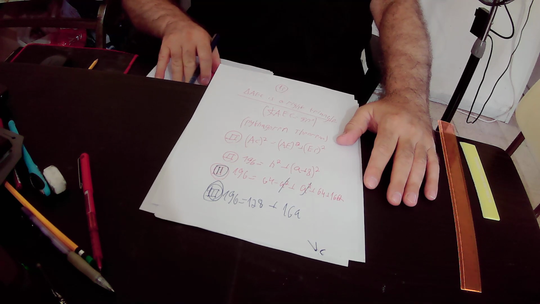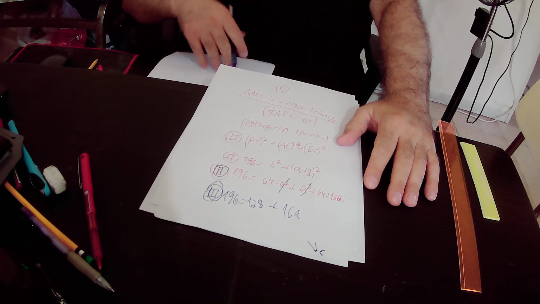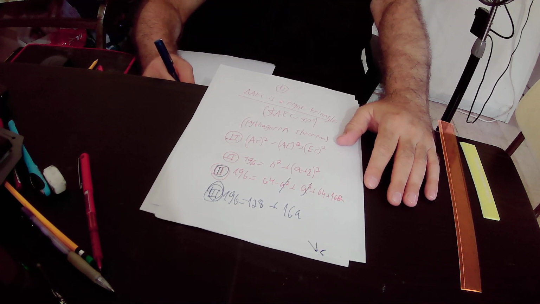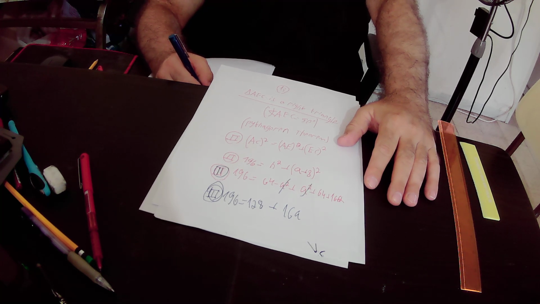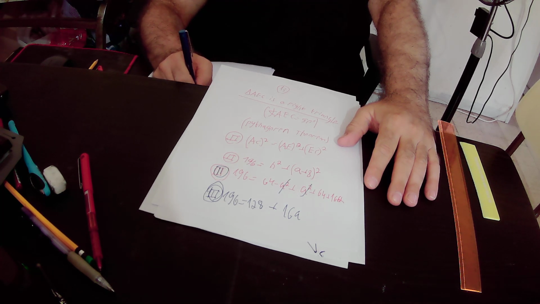And we will get that equation number 2 states that 196 minus 128, which equals 68, equals 16a.